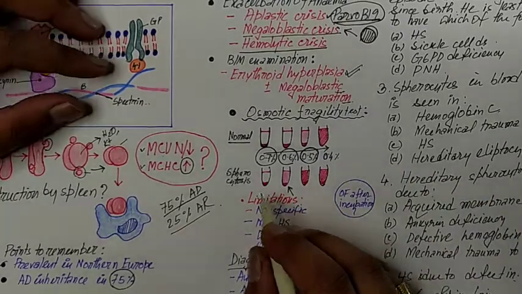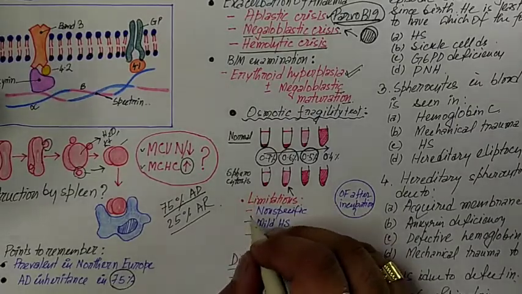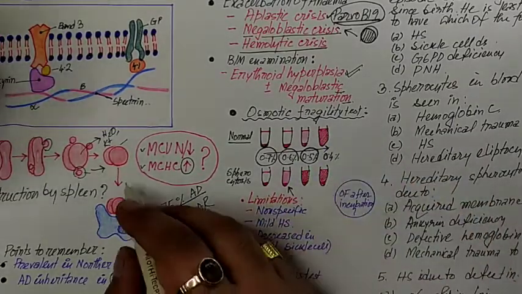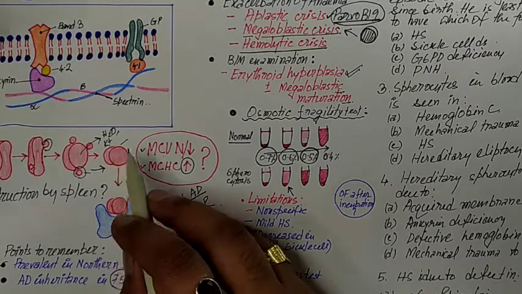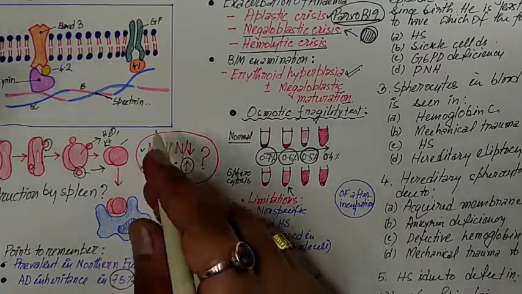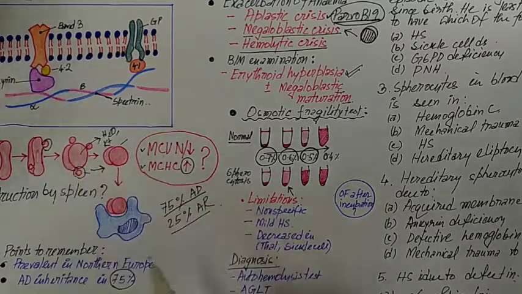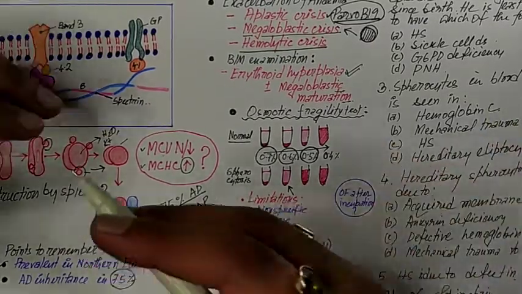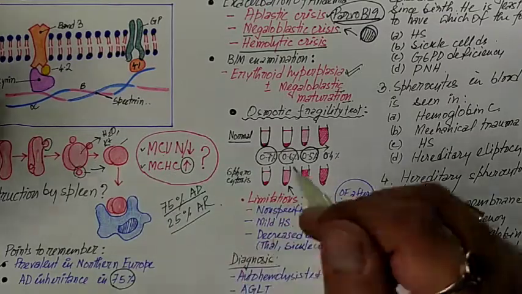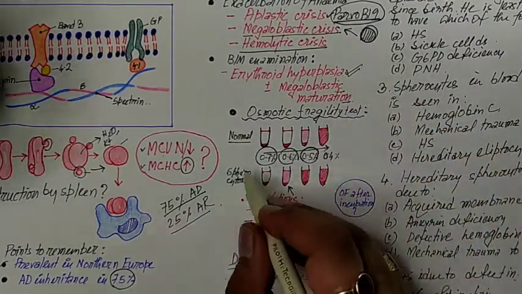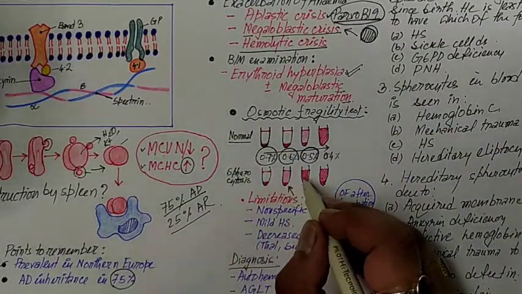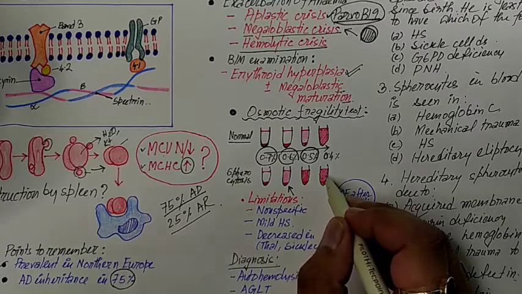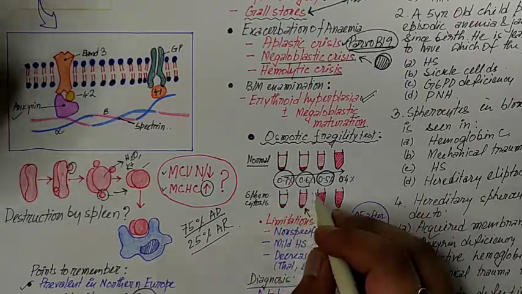But in case of hereditary spherocytosis, because these cells are smaller and densely packed with hemoglobin, and there is also less surface area, these cells are less elastic, and they have less deformability. So when these cells are exposed to osmotic stress, they easily lyse.